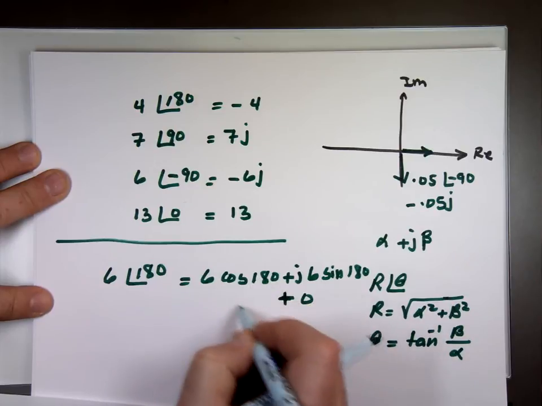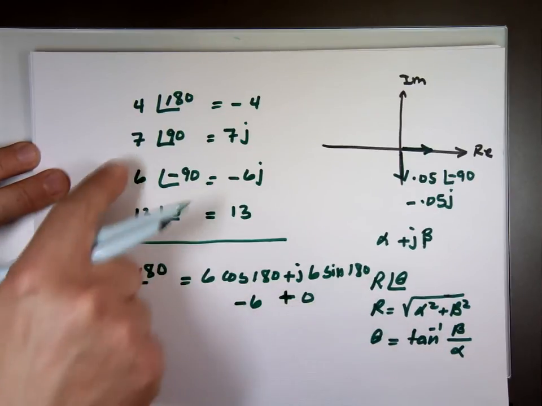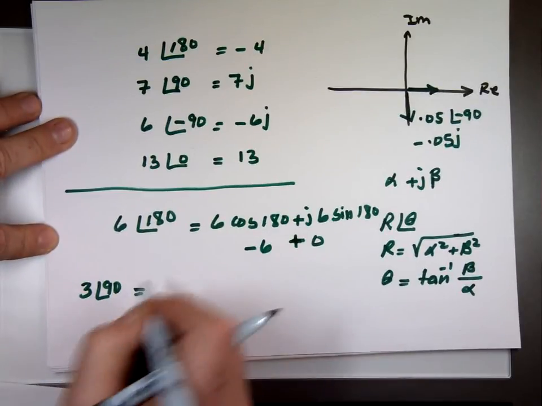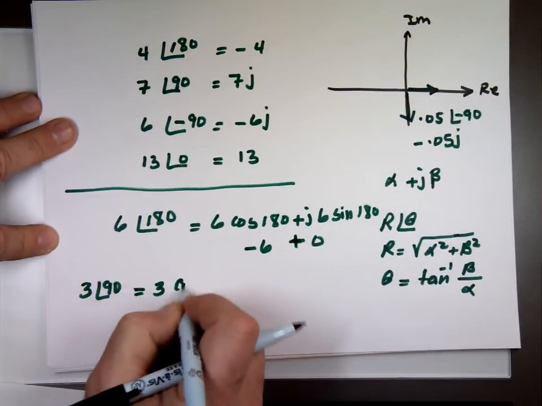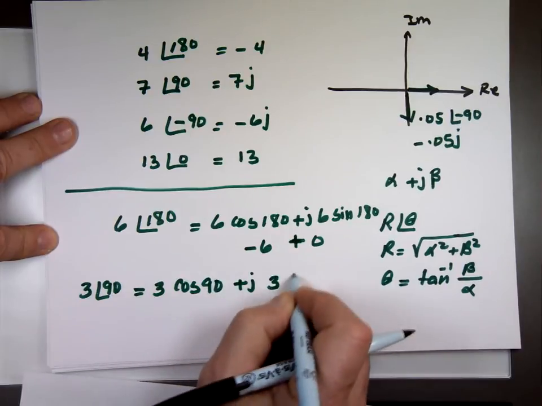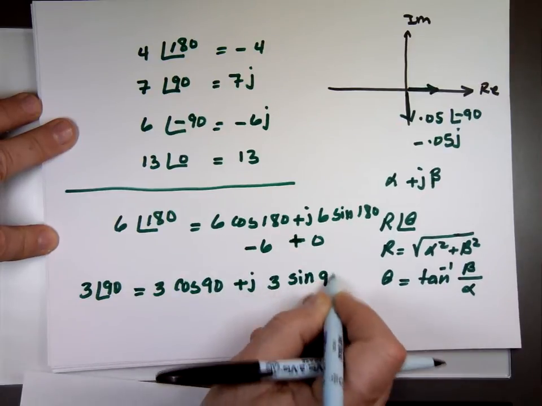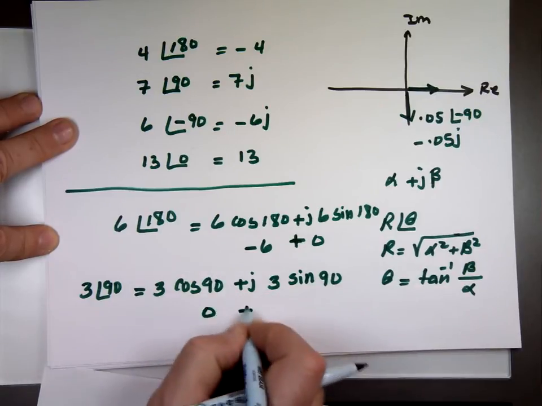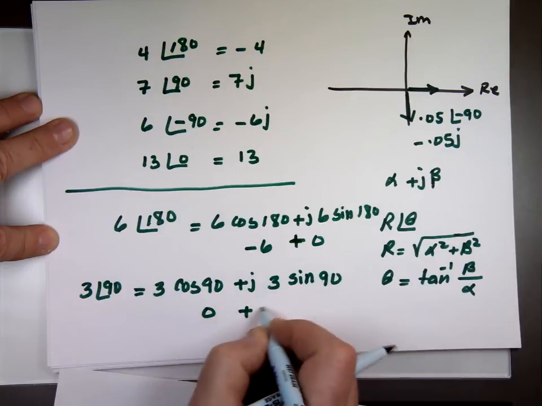Negative 1. That's why it's a negative 6. When it's 180, it becomes a minus sign. When you get 3 angle 90, to change it to rectangular, I know that's 3j, but if you don't believe me, that's 3 cosine 90 plus j 3 sine of 90. Cosine of 90 is 0 times 3, that's 0. Sine of 90 is 1 times 3, that's 3j.